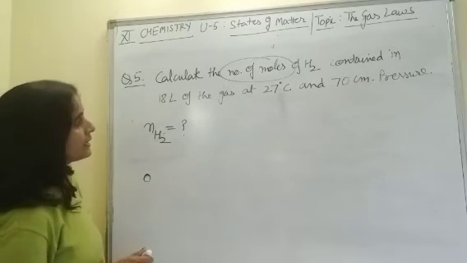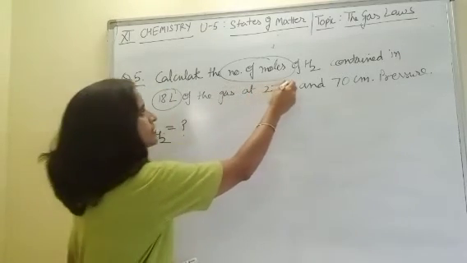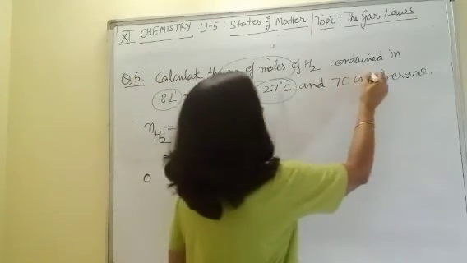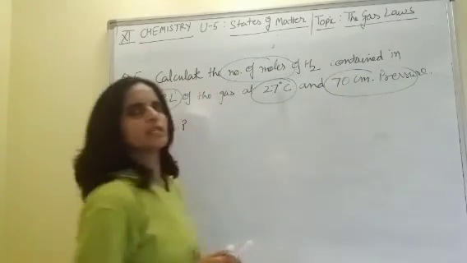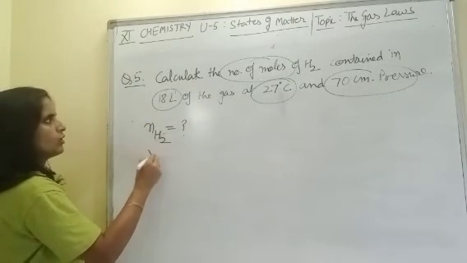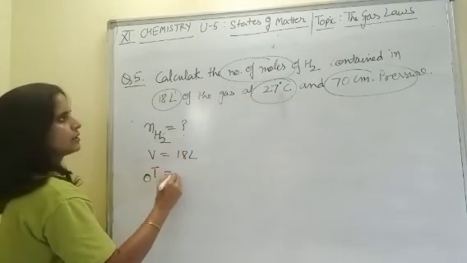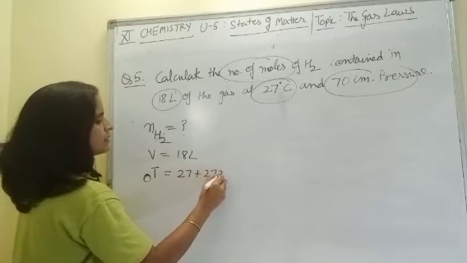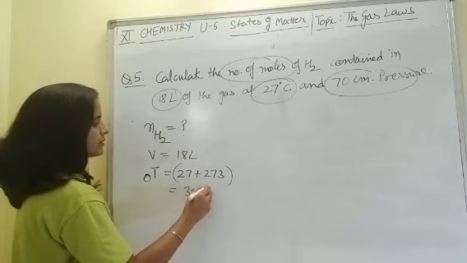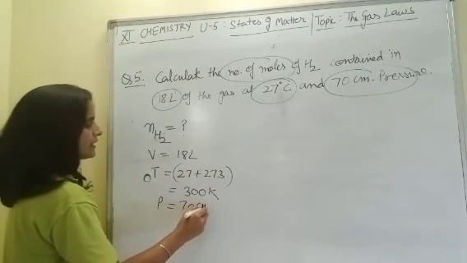Contained in 18 liter of gas, volume of gas is given. At 27 degrees Celsius, temperature is given, and 70 centimeter pressure is also given. So these parameters are: first, volume of gas 18 liter; second, temperature 27 plus 273, temperature in Kelvin, that is 300 Kelvin. Then pressure P equals 70 centimeter.